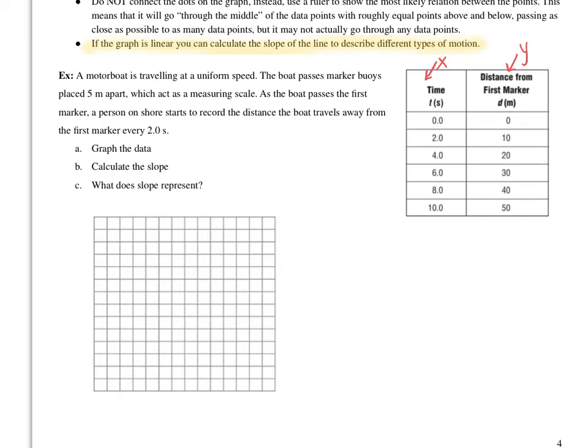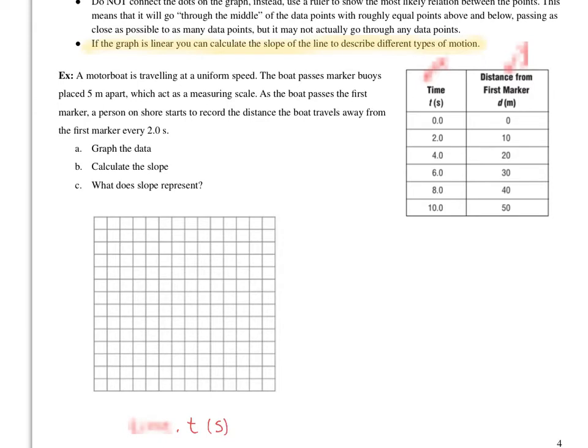So I'm going to put time along the x-axis. Make sure you leave some room here so we can actually add some numbers for the scale. So time, and that variable is t, and the unit is seconds.